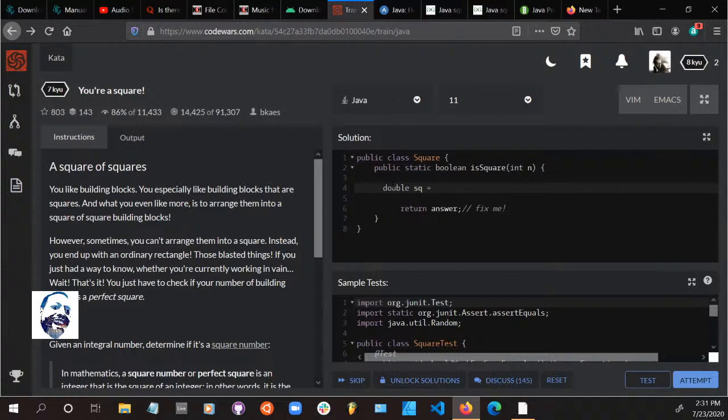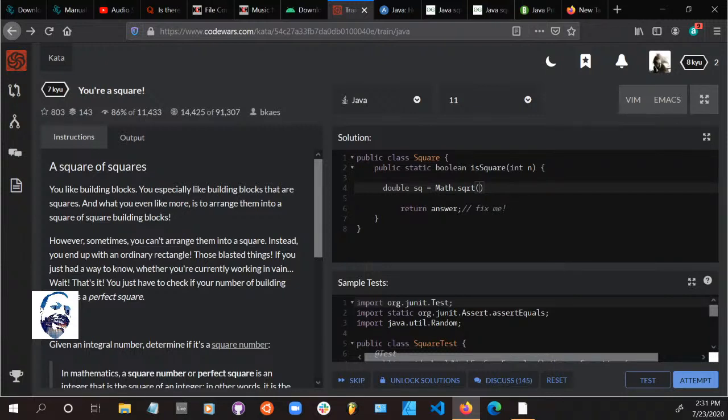Equals dot square root, and of course we're gonna create a double value for this, right?